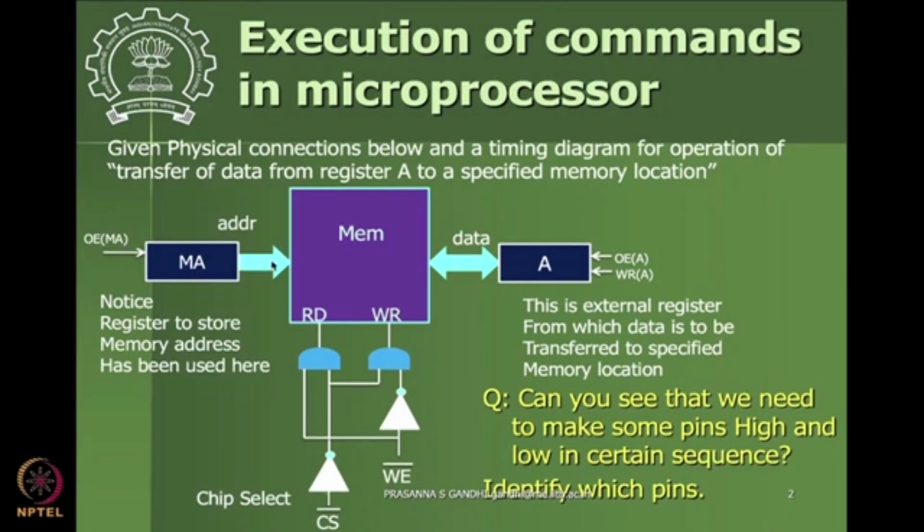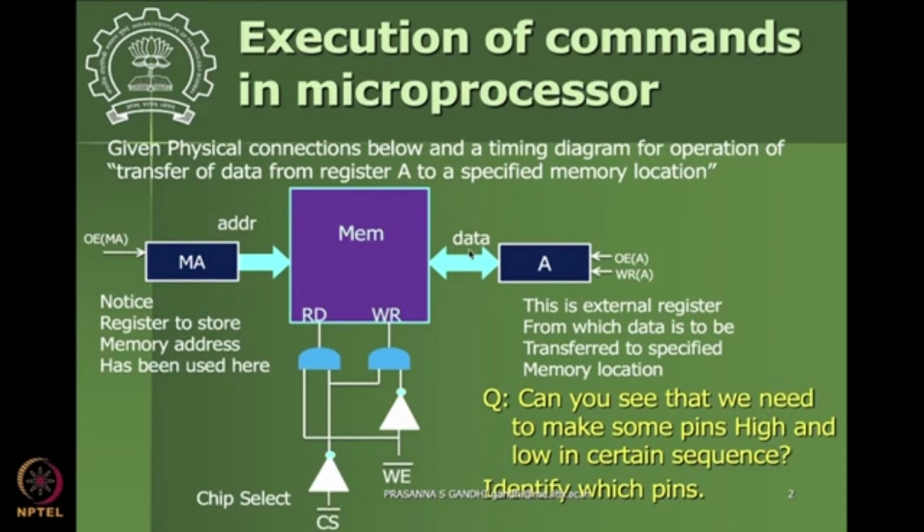When the address bus has the address, that particular location in the memory will be addressed. Then you enable the chip select so that the write operation is enabled, and with valid data on the data bus, the writing of this data will be done.